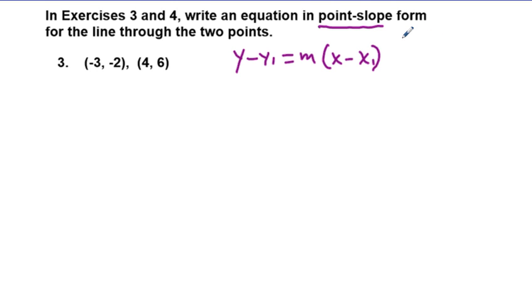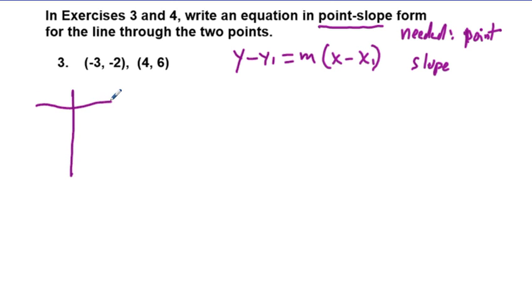So what we needed was a point and a slope. So let's go ahead and find the slope. To do that, I'm going to create a little table over here to the left.